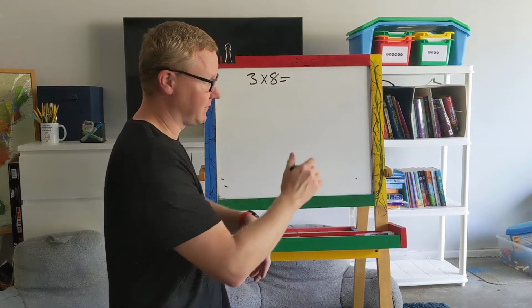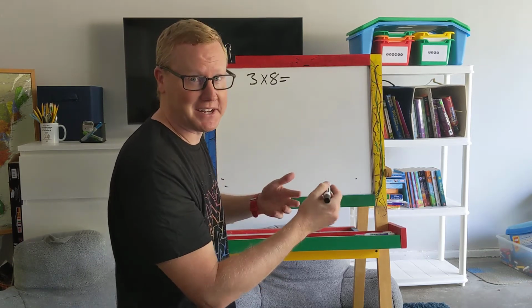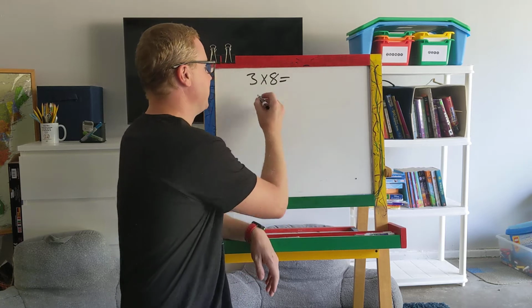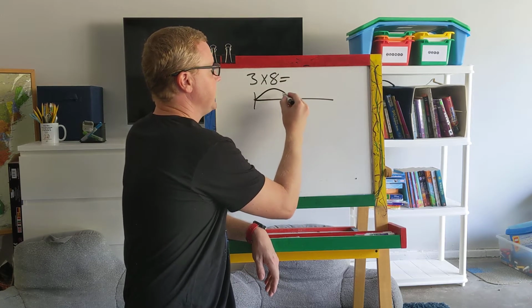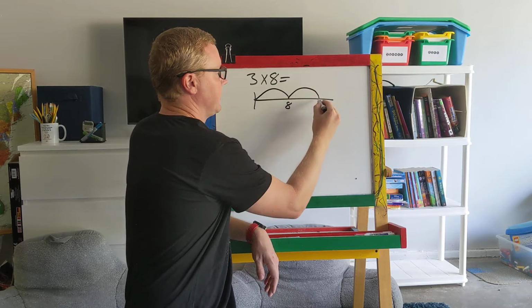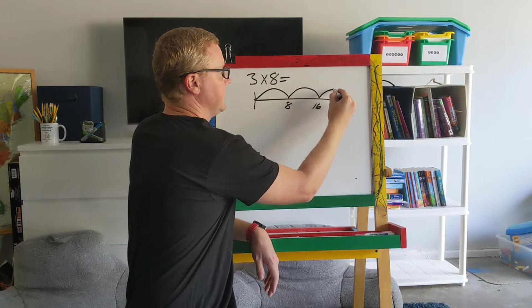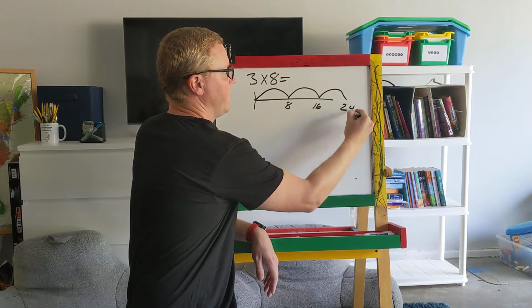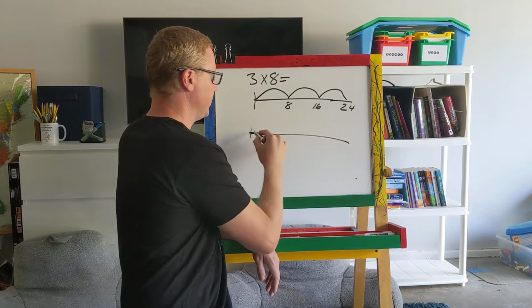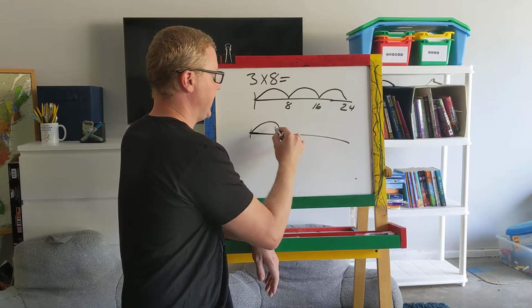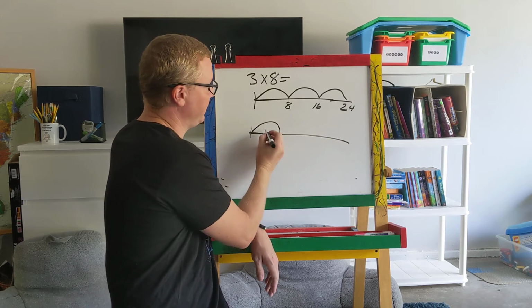Sometimes to help you out, if you want, you can go back to that number line. That's skip counting, believe it or not. So you can go 8, 16, 24. Or if I was using the other example, you can go with the 5s. You can add all the information in here you want.